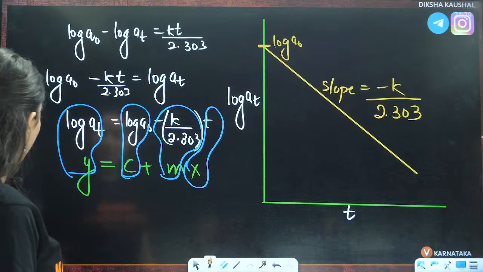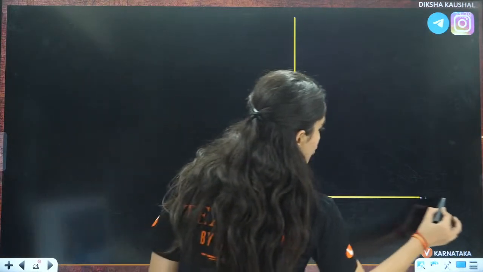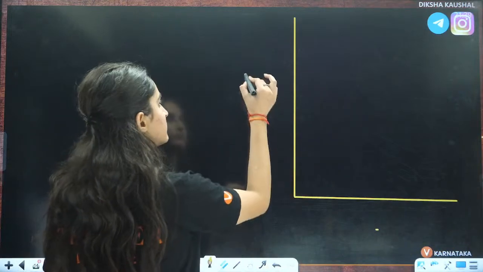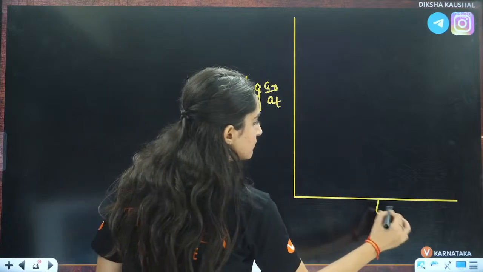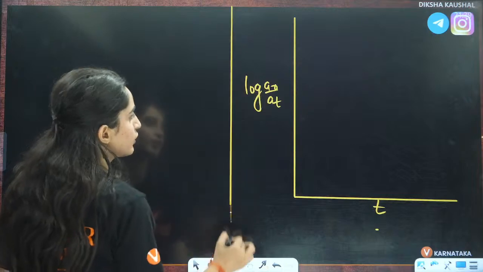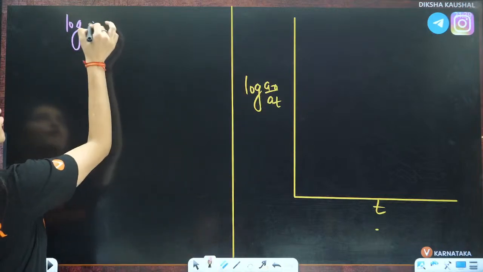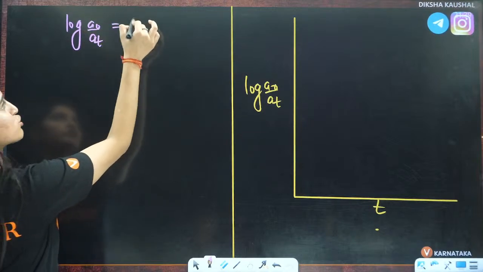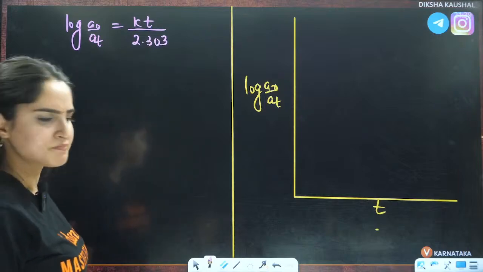Right? Similarly, one last graph I am drawing here. They can ask you to draw a graph between log of A0 by A and T. Now again the same thing we will do. That is log of A0 by A equals kt by 2.303. Simple.